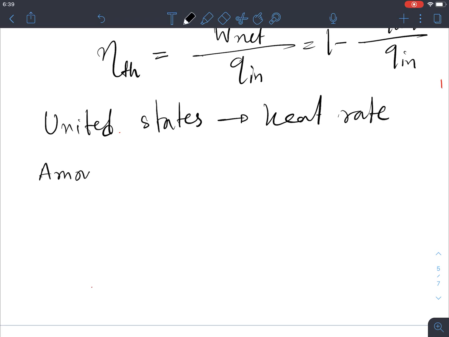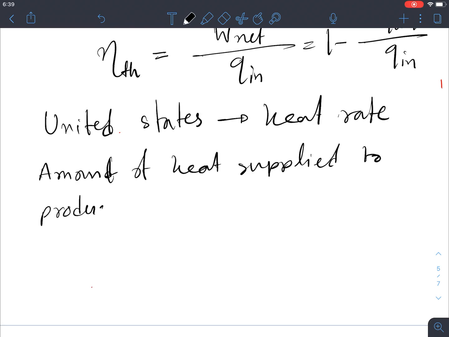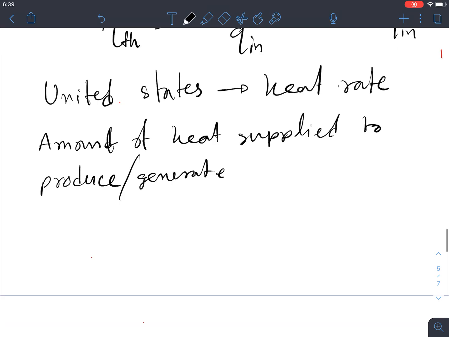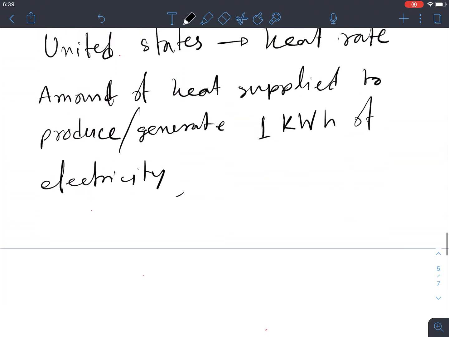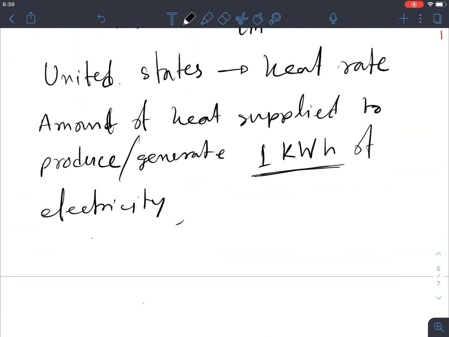Heat rate is nothing but the amount of heat supplied to generate 1 kilowatt hour of electricity. That means if we want to generate 1 kilowatt hour of electricity, how much heat do we have to supply? That is the definition of the heat rate.